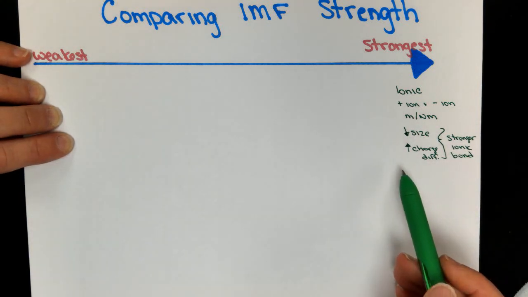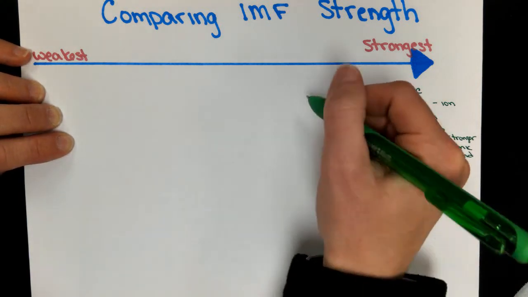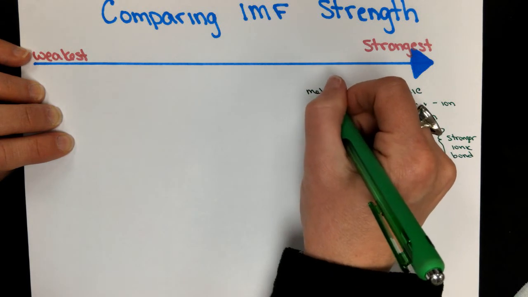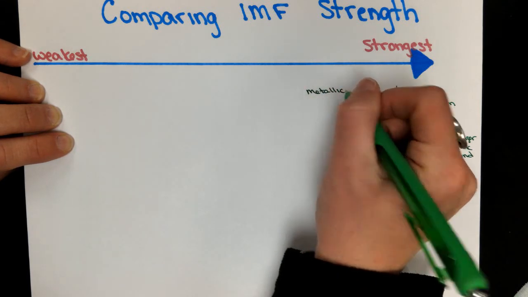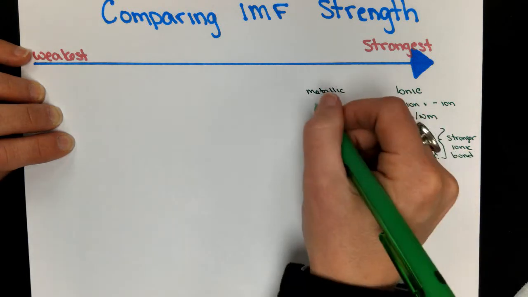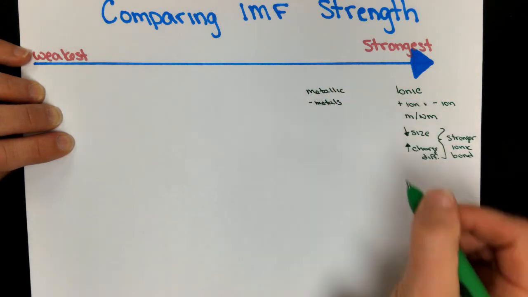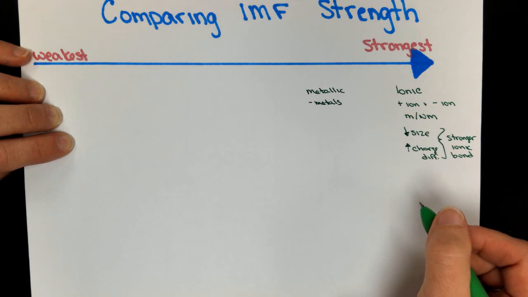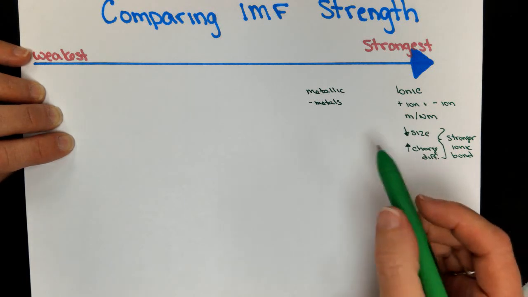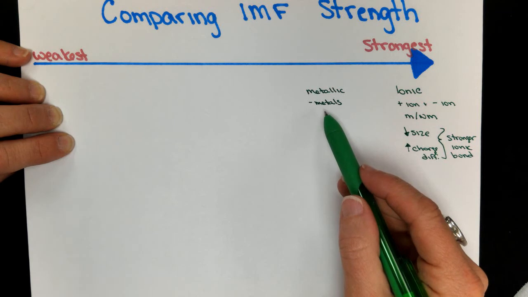The next strongest force that we talked about were those metallic bonds. And metallic bonds obviously are going to be found in samples of metals. Okay, it doesn't have to be a pure metal. It could be a combination, a mixture of metals, if you will. But metallic bonds are those metal samples.